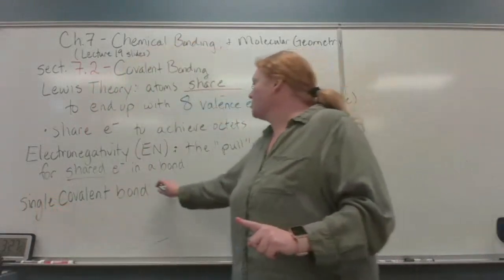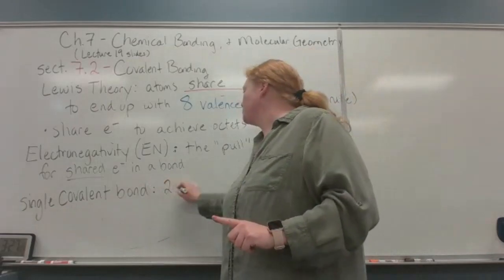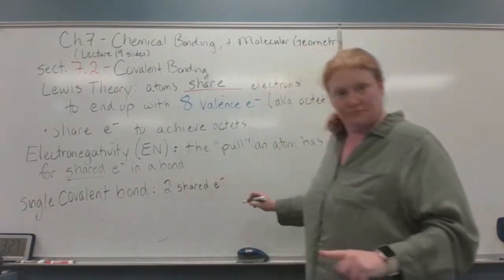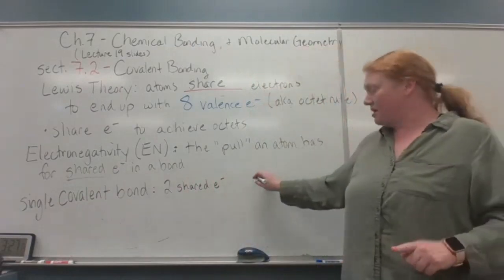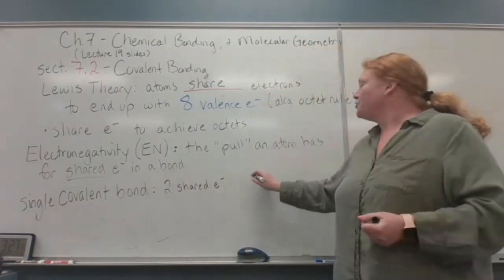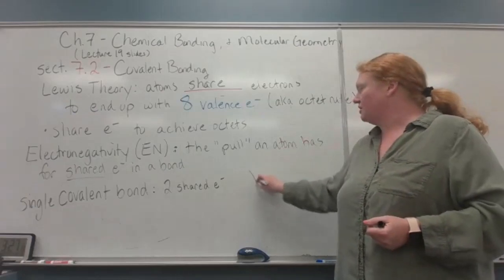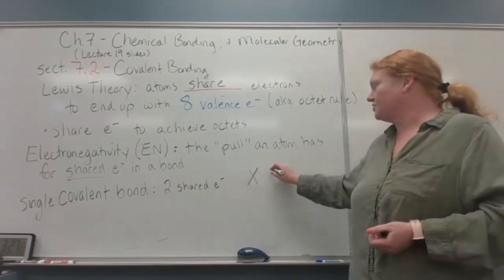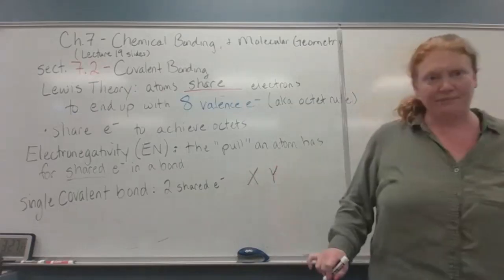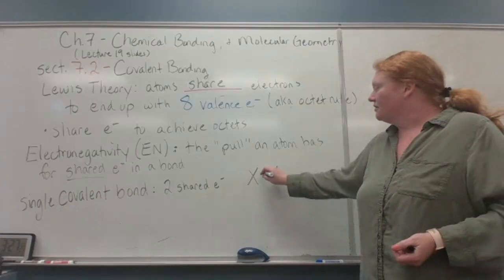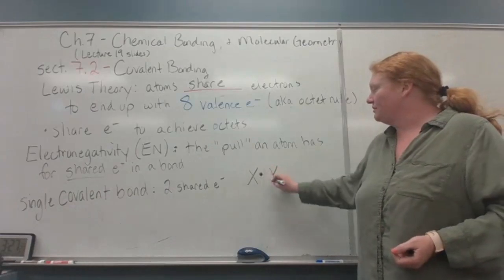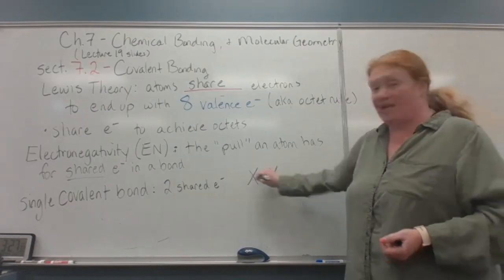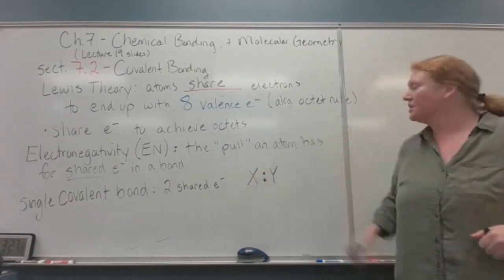A single covalent bond has 2 shared electrons. In some drawings, you might see those 2 electrons. So here I'm going to do element X and element Y. Here's an electron from one, here's an electron from the other, and they are shared between the 2 atoms.